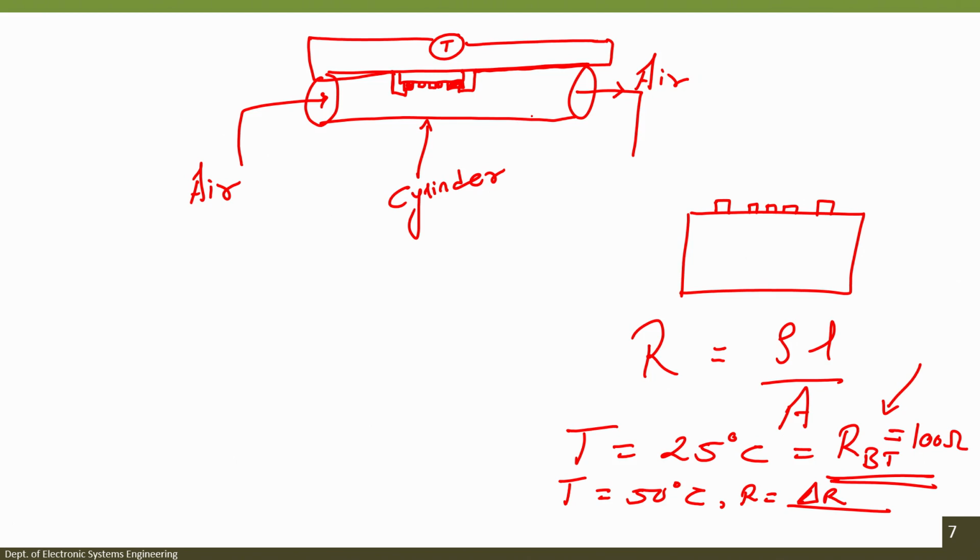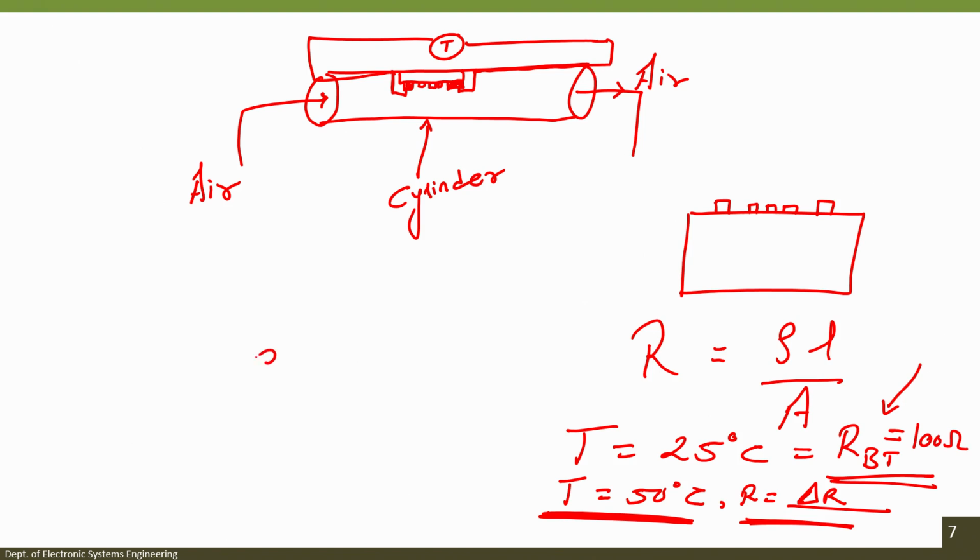Due to the flow of air, this temperature would decrease, right. If my air is cooler, my temperature would decrease. That decrease in temperature will correspond to a change in the resistance of the heater, because finally a heater is nothing but a resistor, right.